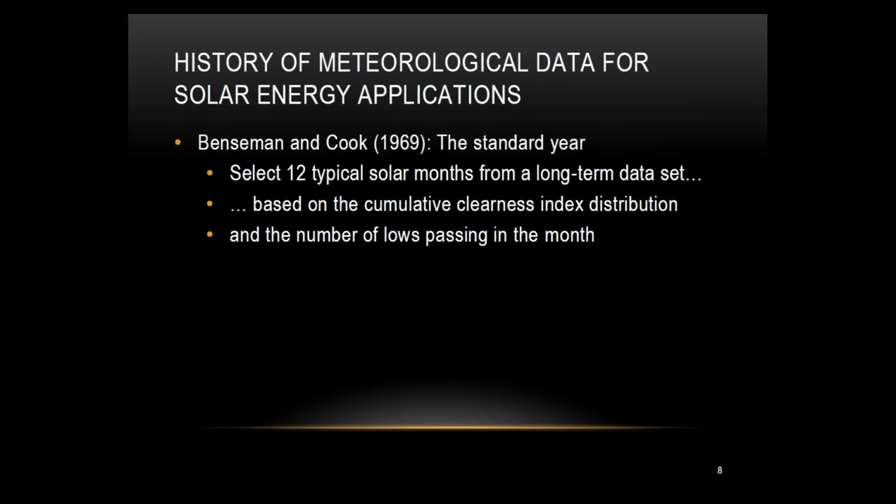And they based this on the cumulative clearness index distribution. A clearness index, that simply you take the global irradiance at the surface and normalize it relative to what you have of irradiance at the top of the atmosphere. They also chose these months from the number of low pressure systems that were passing during the months, so you got a representative variability.